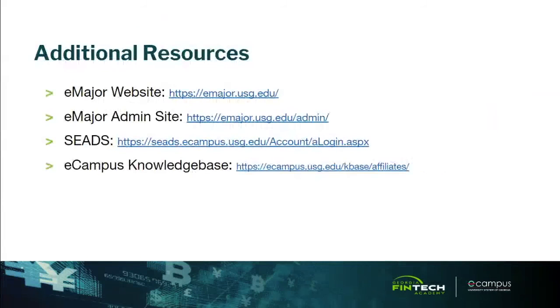Okay, and here we have a couple of resources for you guys. Many of you may be familiar with these already, but of course the eMajor website has some great information for students, especially. And then we have an eMajor administration site, and that houses things like the Policy and Procedures Guide.